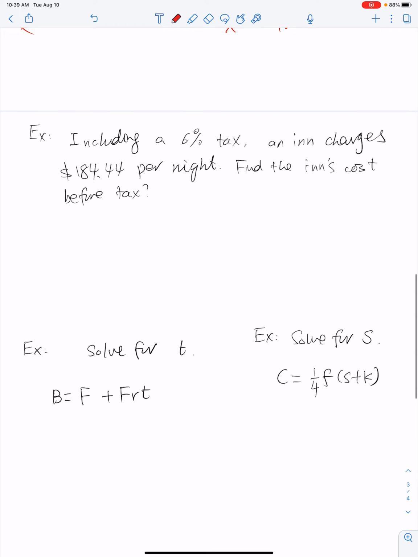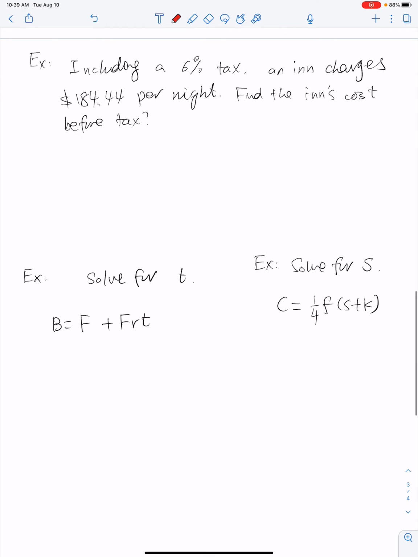The next question is a typical challenging question. Including a 6% tax, an inn charges $184.44 per night. Find the inn's cost before tax. What should we do?